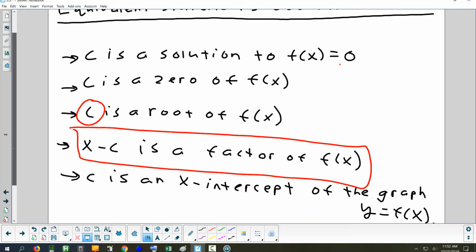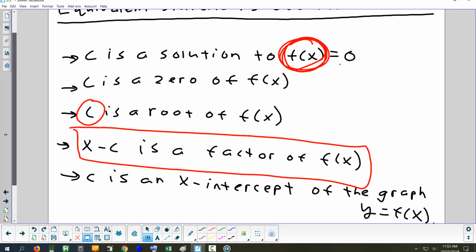There's 5 other things you could say, but I'm looking for you to say one of them in particular. Yeah? This is a solution for f of x. Okay, so -2 is a solution that if you plug it in, you will get 0. Yes. But you don't know this yet. This is what I want you to figure out. What else does it mean? -2 is a 0, yeah? It's a factor.